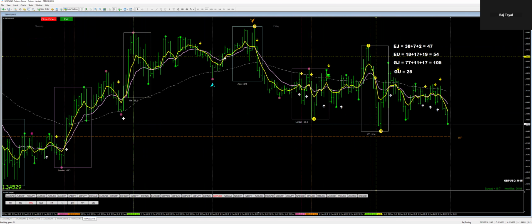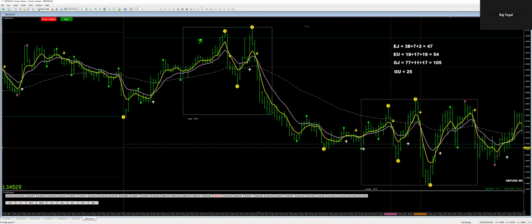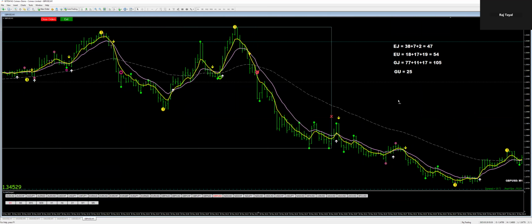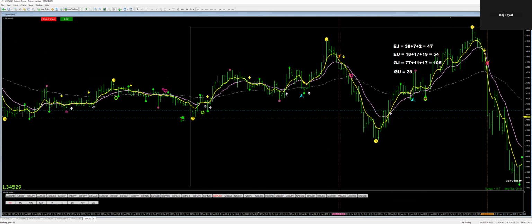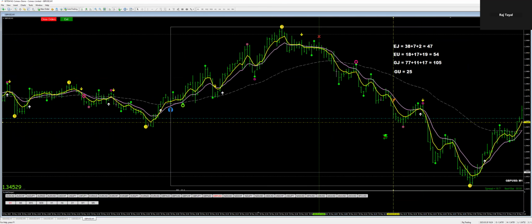Let's look at the 5, see if we can get a better entry or the 1. And the 1 with a slightly better entry.